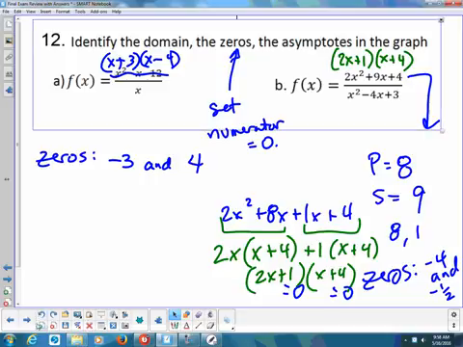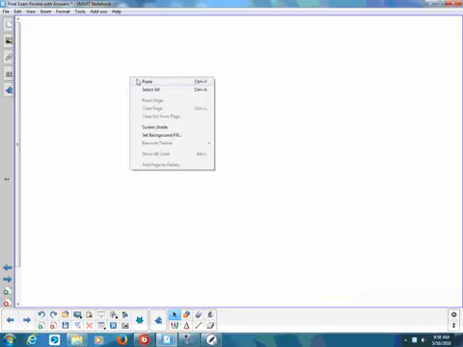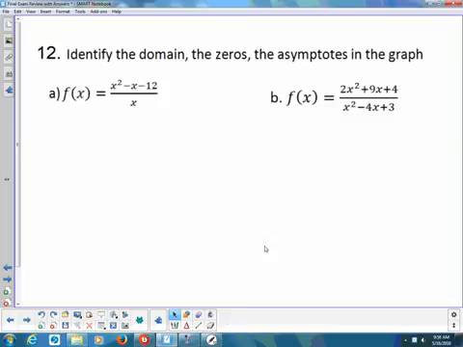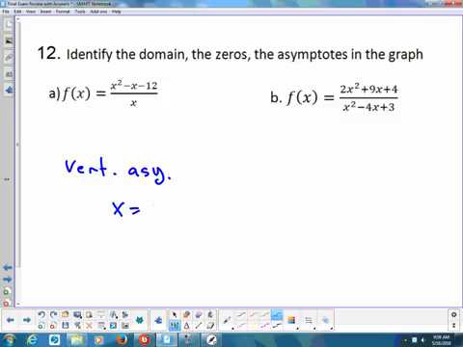So if we're looking for asymptotes, let's talk about vertical asymptotes first. Vertical asymptotes are going to be when your denominator is equal to 0. So it's going to be the x value that makes your denominator equal to 0. So in this first case, we said we were kicking 0 out of the domain, so x equals 0 is the vertical asymptote.